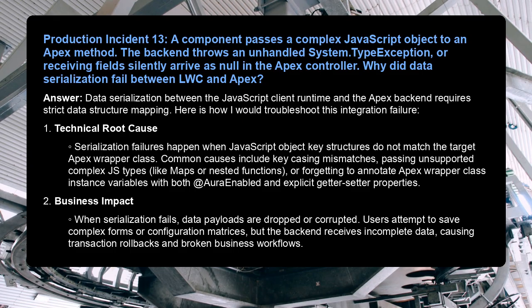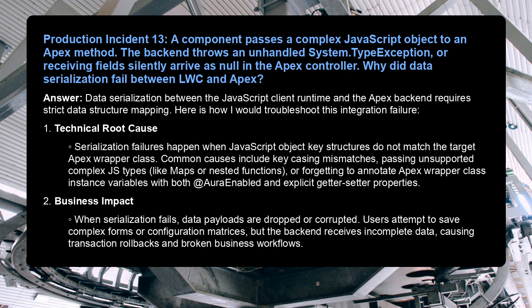Here is how I would troubleshoot this integration failure. 1. Technical root cause. Serialization failures happen when JavaScript object key structures do not match the target Apex wrapper class. Common causes include key casing mismatches, passing unsupported complex JS types like maps or nested functions, or forgetting to annotate Apex wrapper class instance variables with both @AuraEnabled and explicit getter-setter properties.